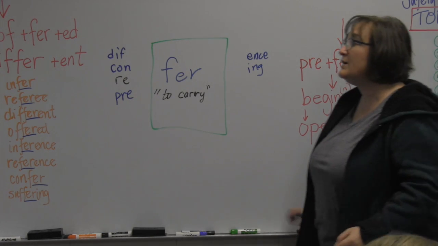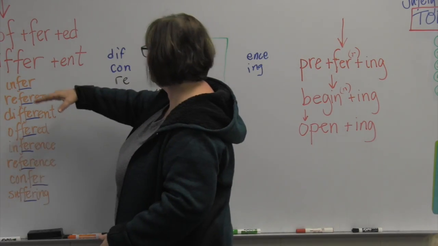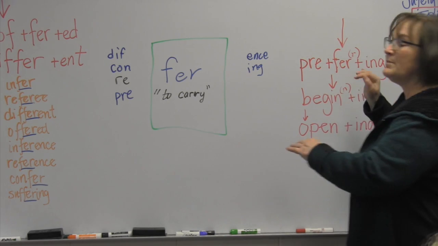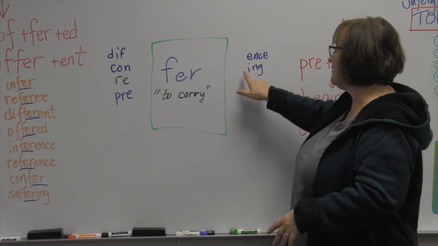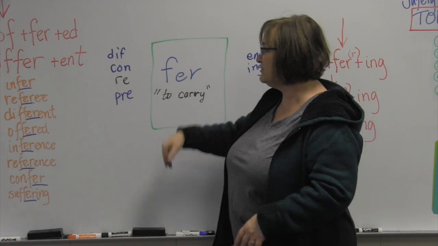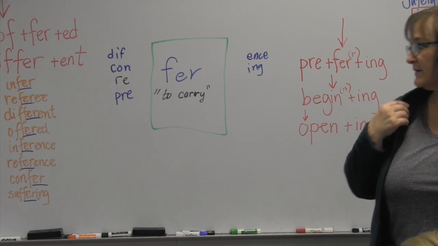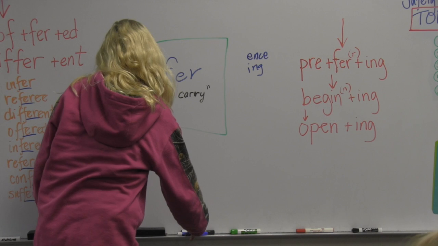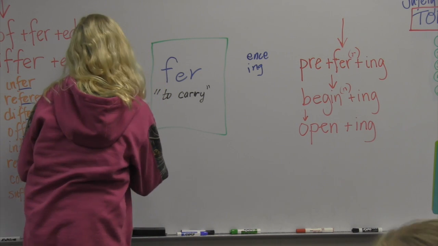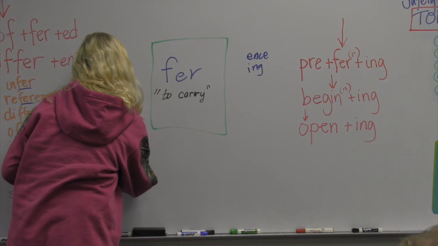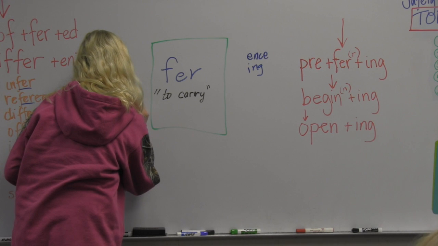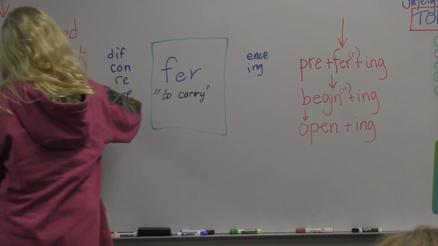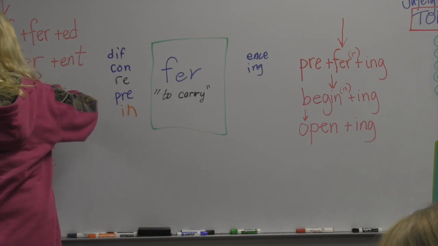All right. Which gets us back to, we haven't had anybody put infer. So now that we're clear about preferring and why that R doesn't belong here, let's move on. Infer. Kira. And will you be ready for referee? Okay. Look at that, all she had to put up was the prefix, because this is just a word with two morphemes, right?